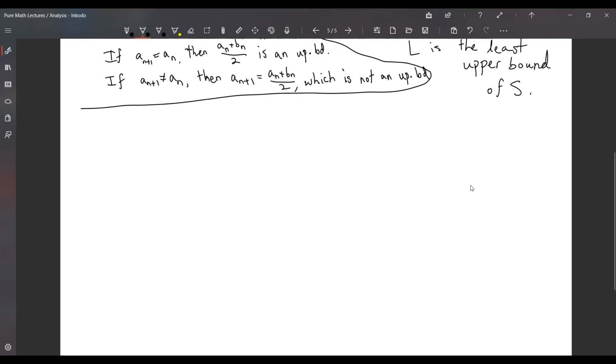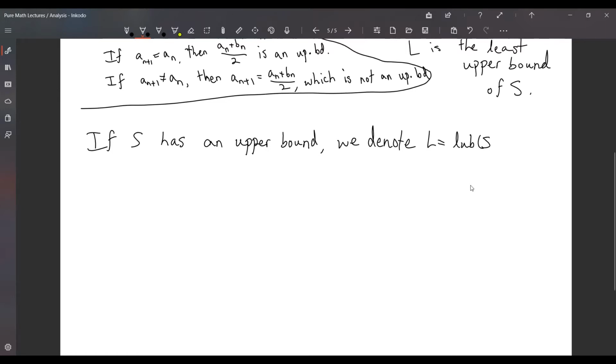So if S has an upper bound, we denote the least upper bound as LUB of S. But there is a notation that you may have seen before, which is the supremum of S, spelled out supremum.